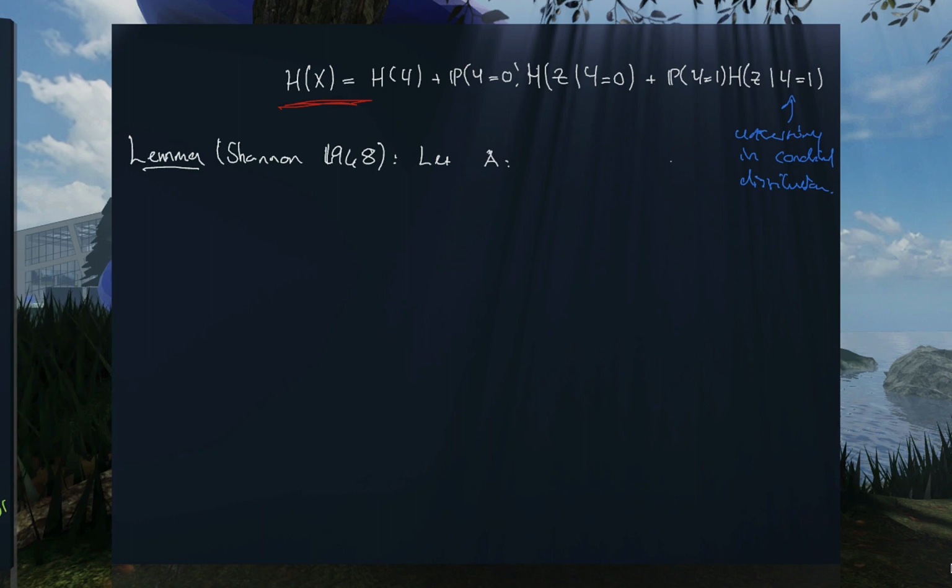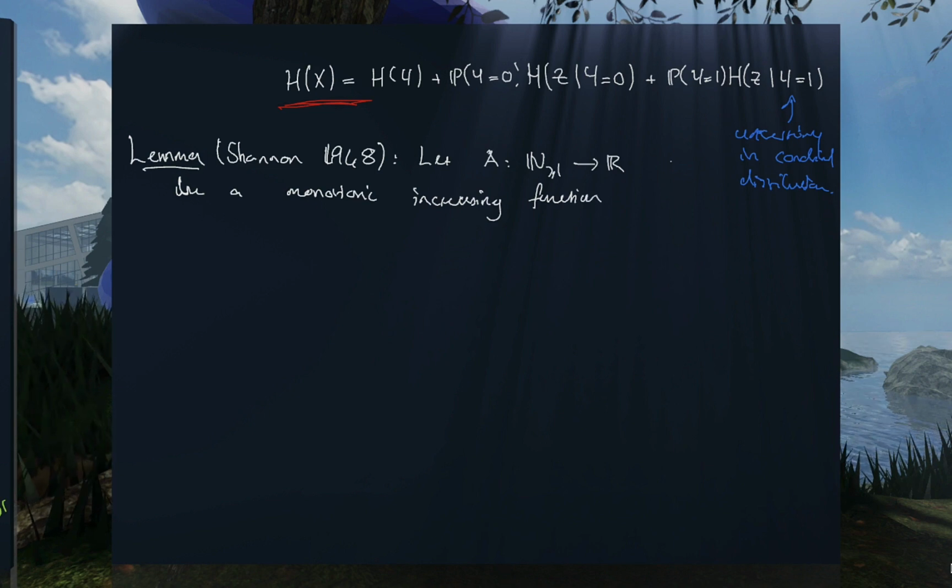So we'll let A be a function from the natural numbers, not including 0, to the real numbers, B a monotonic increasing function, satisfying the following condition.